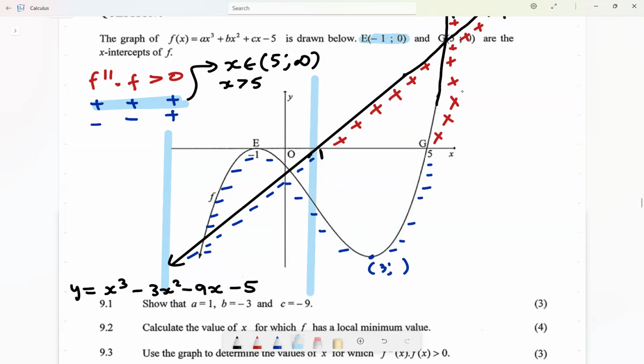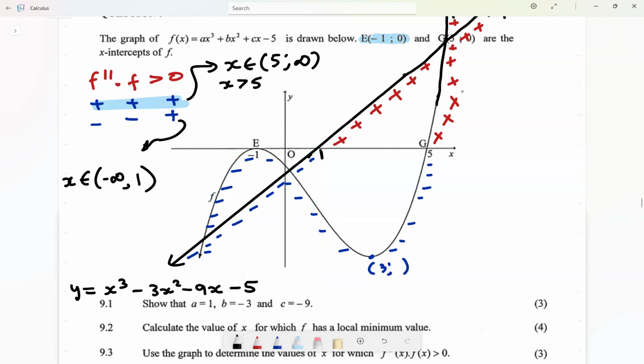So it means the other solution is when x is between negative infinity and 1. I'm not including 1. Or someone might say when x is less than 1.